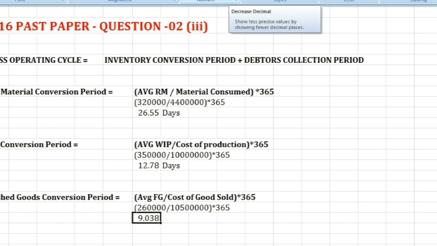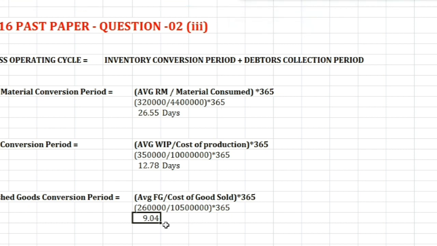We can convert to decimal, 9.04 days. Now we have calculated the inventory conversion period. If we add raw material, work in progress and finished goods, the answer is the inventory conversion period.